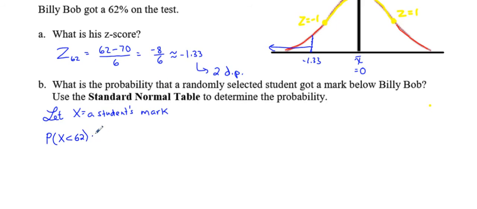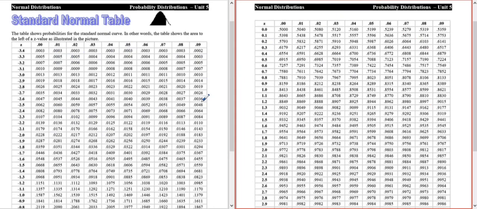That is approximately equal to the probability that the z-score is less than -1.33. We're using approximately because we had to round that. And this is how you find the probability of a mark using z-scores. If you flip a couple of pages over, you'll see this table here, which is called the standard normal table.